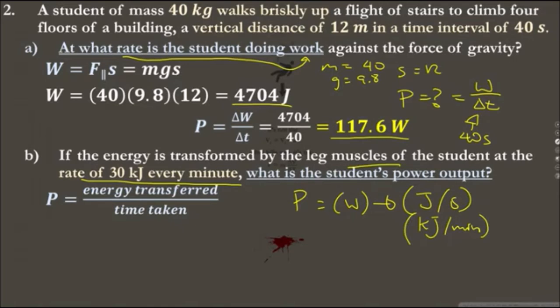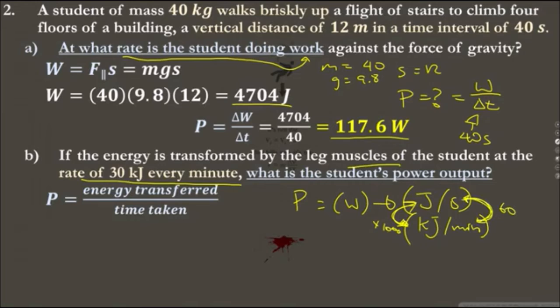So we've got to convert. Remember, from kilojoules to joules, times by 1,000, from minutes to seconds, times by 60.